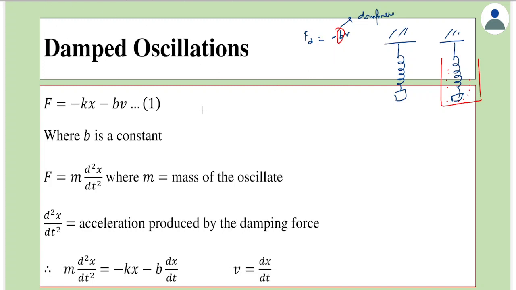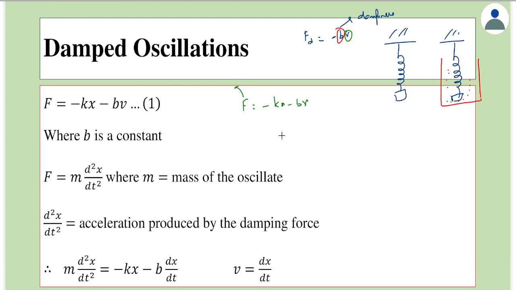If a body moves faster, it will have a greater damping force. So the net equation we get is F is equal to minus kx minus bv. Remember, this is the net force on the object.